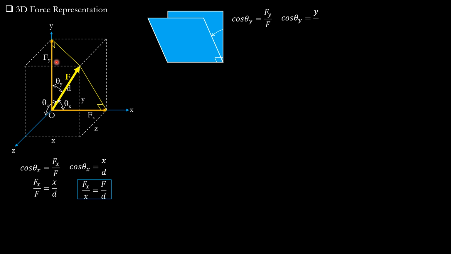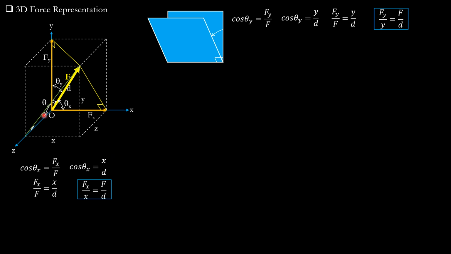Cosine theta y is also y over d. So Fy over F equals y over d. Interchanging the positions, Fy over y equals F over d. Same as this: the y component of force divided by the y component of distance equals force over the length of the line where F is directed to.